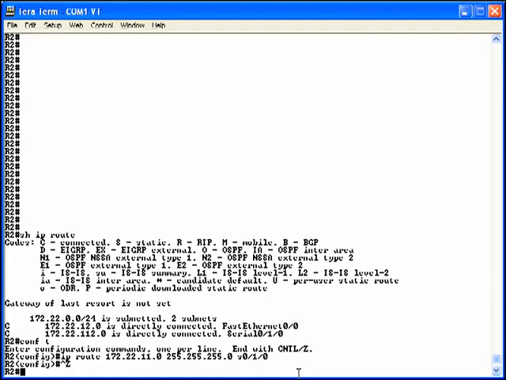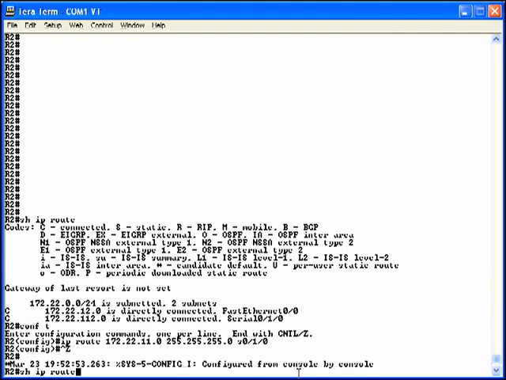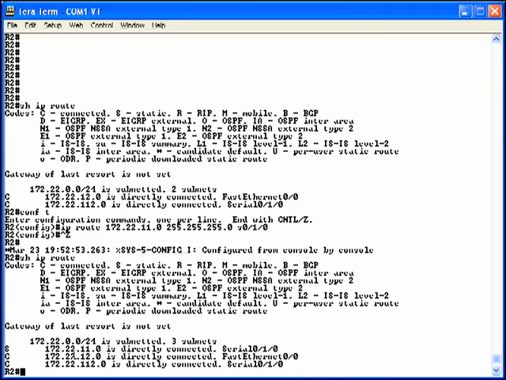Now getting out of configuration mode and doing the show IP route command again, we see there is indeed a new route in the routing table. Notice there's an S in the left-hand column, signifying that this route is indeed a static route. Notice it does list subnet 11 there as that static route. Now the output does differ slightly from what we saw on router 1 just a moment ago. Notice instead of a via followed by an IP address, it simply lists the outgoing interface, namely serial 010.